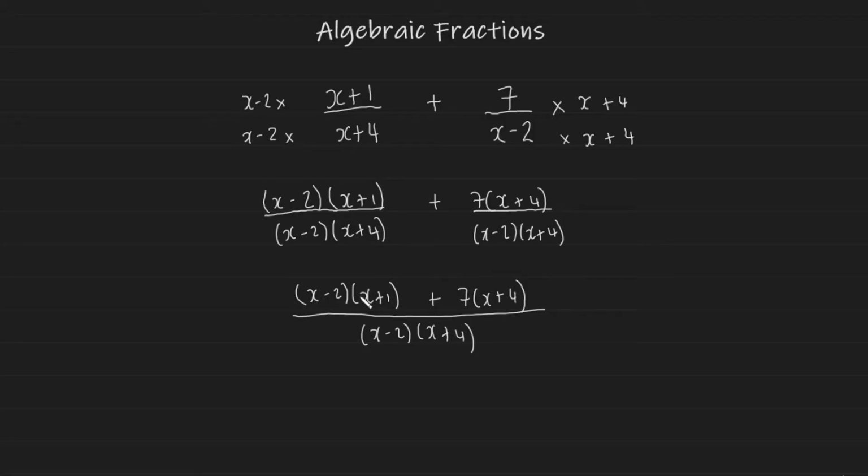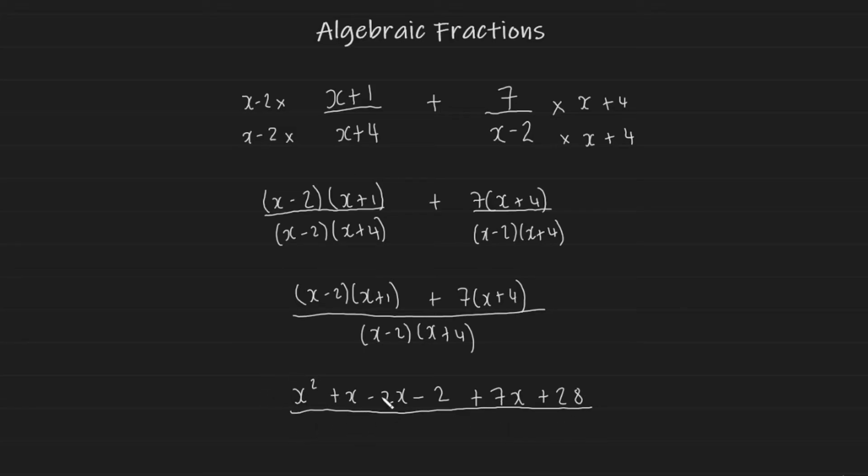We're going to have x multiplied by x, which gives us x squared, x multiplied by 1, which gives us plus x, minus 2 multiplied by x, which gives us minus 2x, minus 2 multiplied by 1, which gives us minus 2. And then it's going to be 7 multiplied by x, which is plus 7x, and plus 7 multiplied by plus 4, which is plus 28.